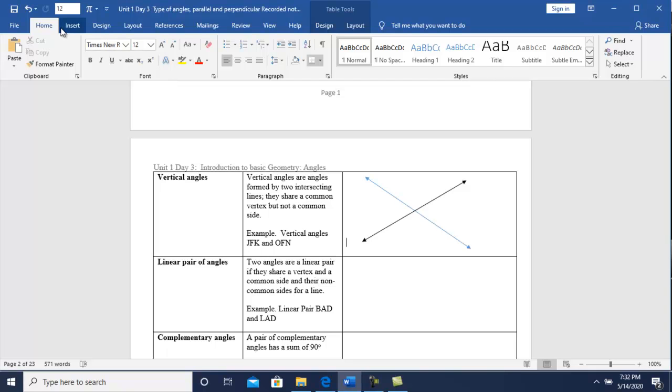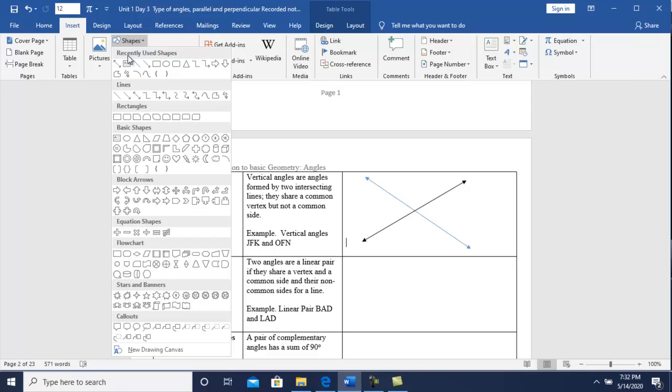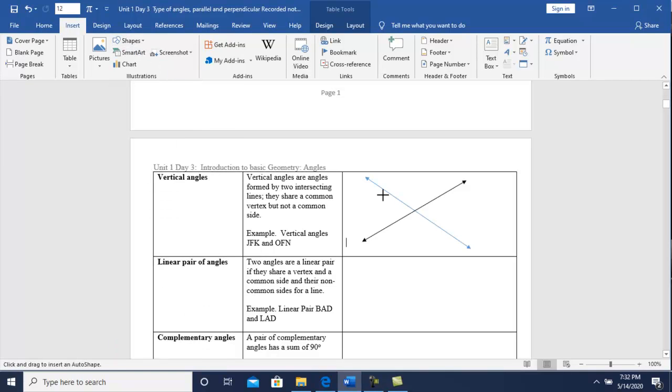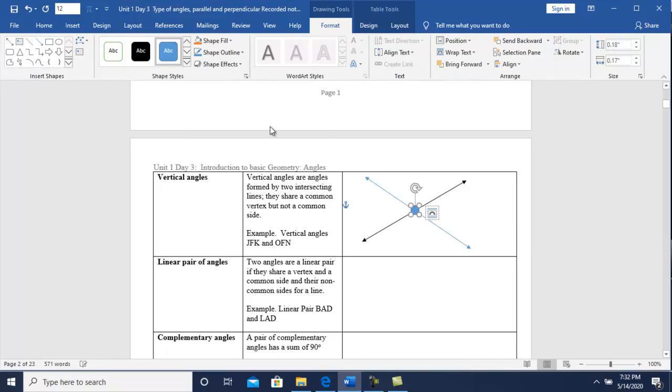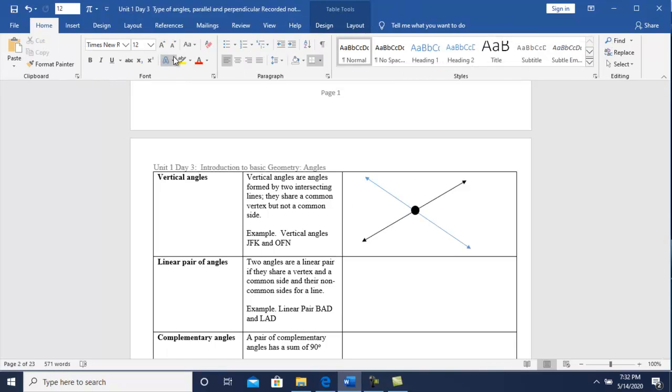These two angles share a common vertex. So I'm going to draw a point there, in the middle here. Remember, F is the vertex, so we're going to make that a little bigger. Now one angle has got to be JFK, so we're going to need two more points.